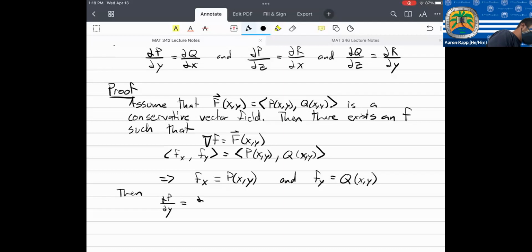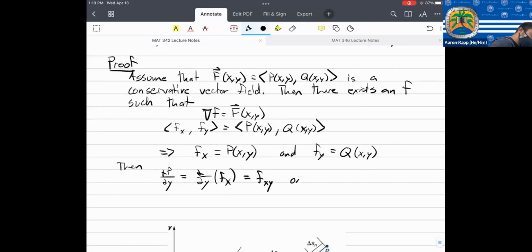Well, this is the same thing as a partial derivative with respect to y of the partial derivative of f with respect to x, which we just denote f_xy or f_yx. It doesn't really matter. Oops, you see an image below. You can ignore that image for a moment.